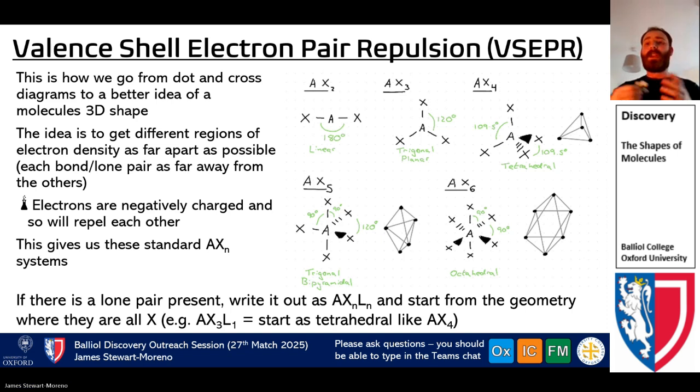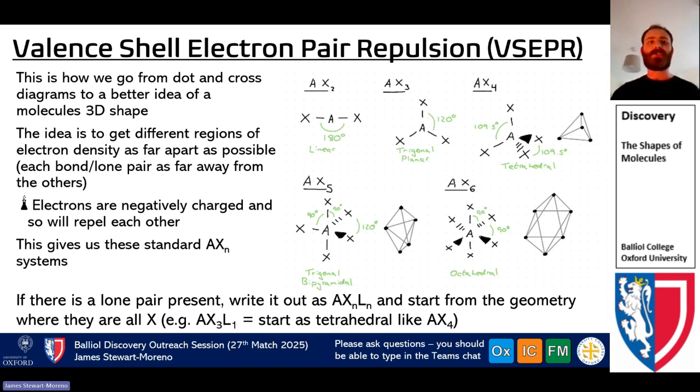If you do have a lone pair on your central atom, it can start to distort the geometry. When looking at the geometry, we tend to start from the assumption that the lone pair acts as though it's bonding to something.